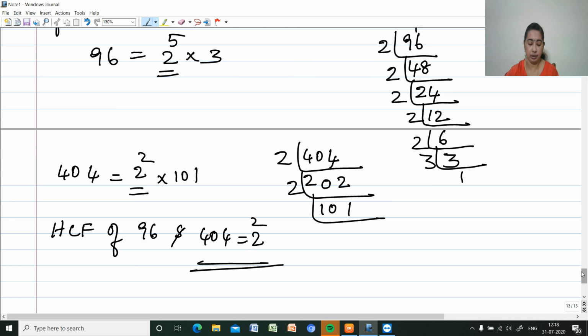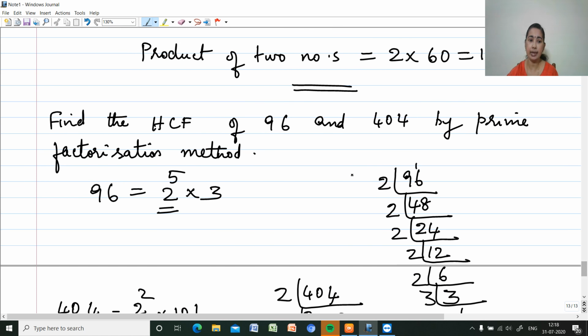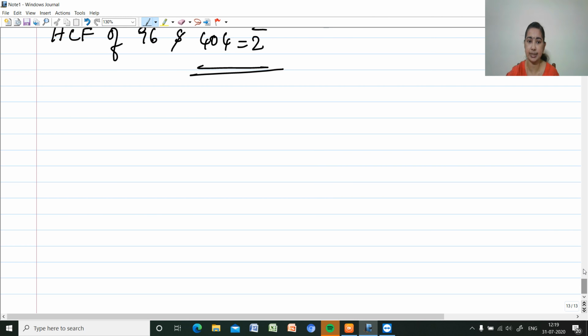Now, after finding the HCF, we are supposed to find the LCM. Again, same question, find LCM. So we know the two numbers are 96 and 404 and also we have found the HCF. Now we need to find LCM.